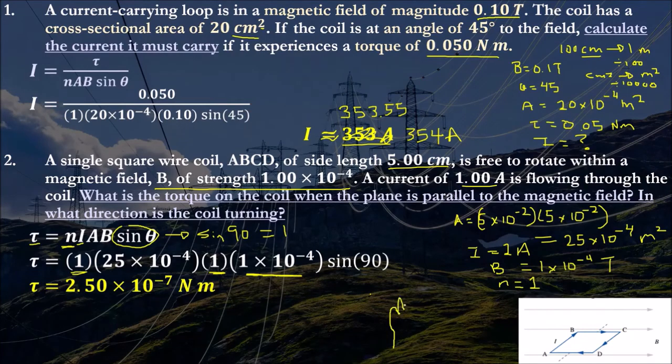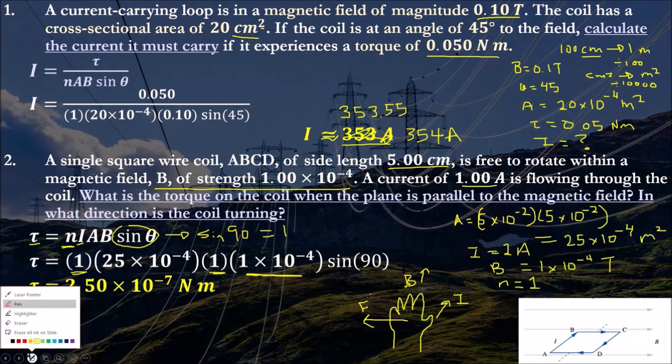So we have our right hand here. Your thumb is the direction of the current, your fingers are the direction of the magnetic field, and the direction of the palm is where the force is going to be applied.